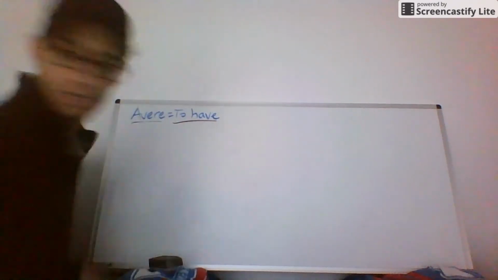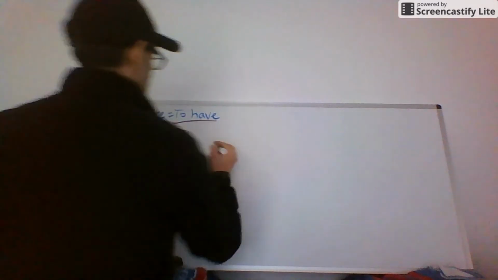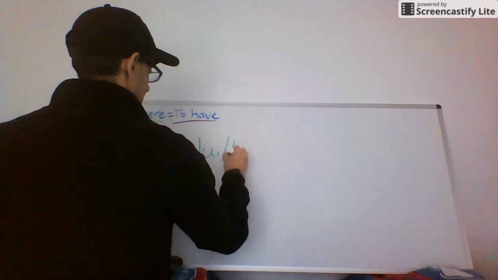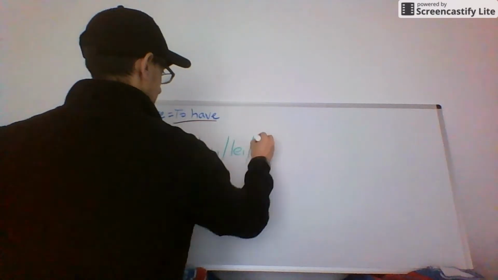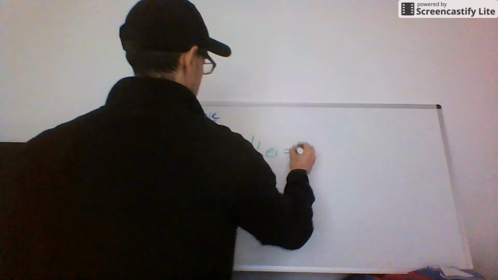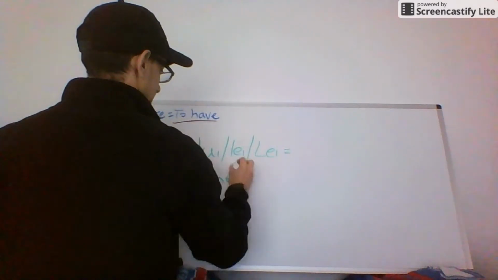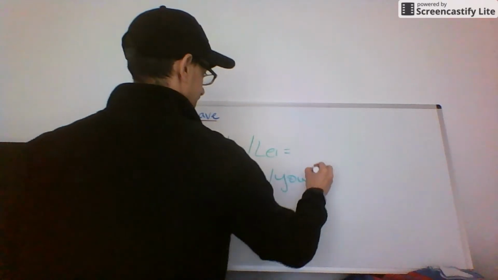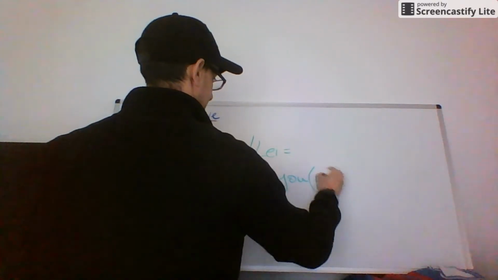Let's use a different color. So we have lui, lei. Okay, that's going to be he, she, you, polite.